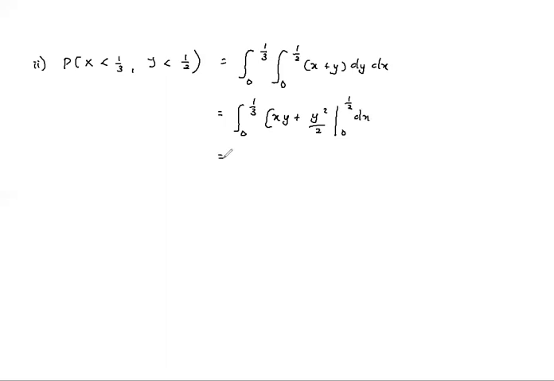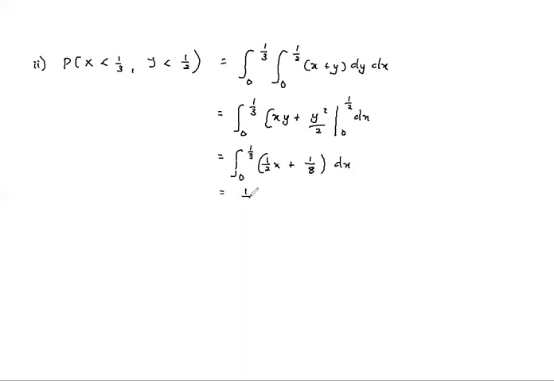When we put half, we are from 0 to 1 over 3. So we're going to have half x plus 1 over 8. Where there is y, when we take half, it's 1 over 4. 1 over 4 divided by 2, it's 1 over 8. And then when we substitute 0, it gets 0. So we just have this dx.